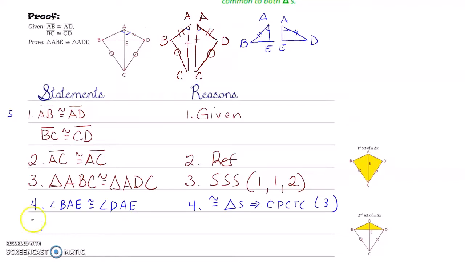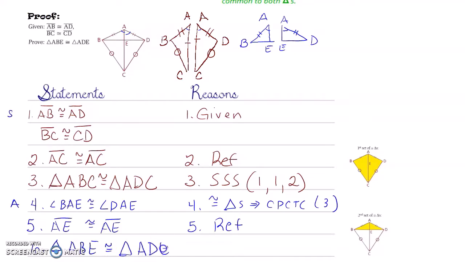Then we can say that AE is congruent to itself, again by the reflexive property. So now we have triangle ABE congruent to triangle ADE by side angle side from lines 1, 4, and 5.